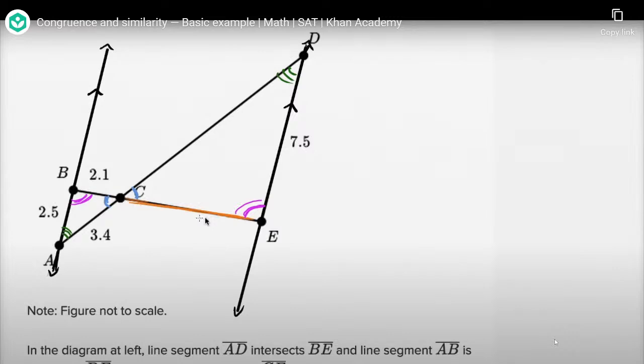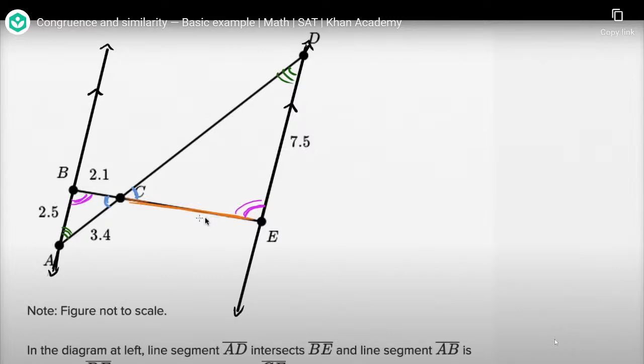Okay, CE, right? BC is equal to K times CE, right? DE by BA, CE by BC.